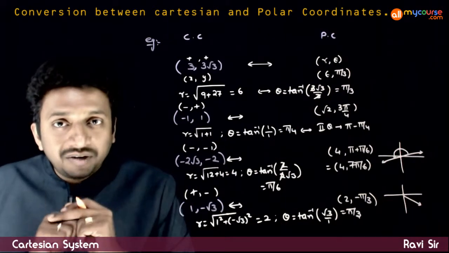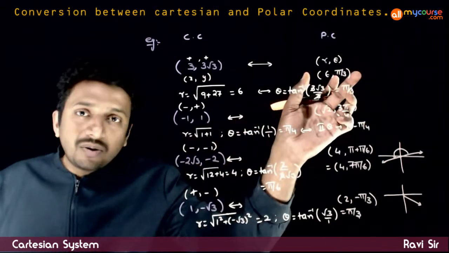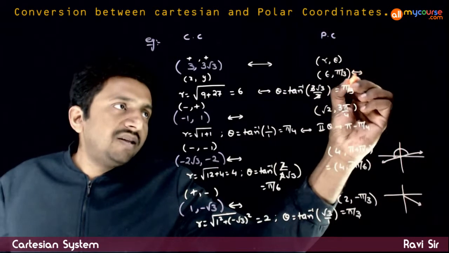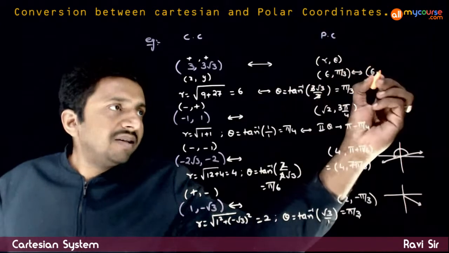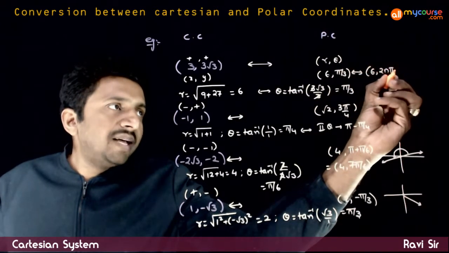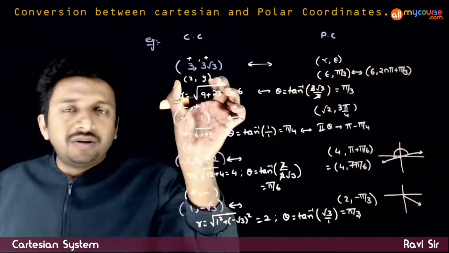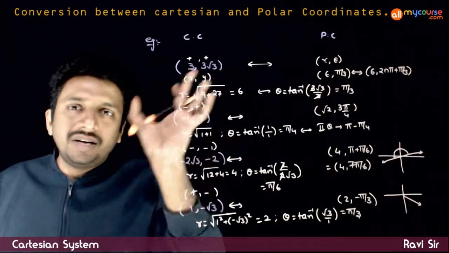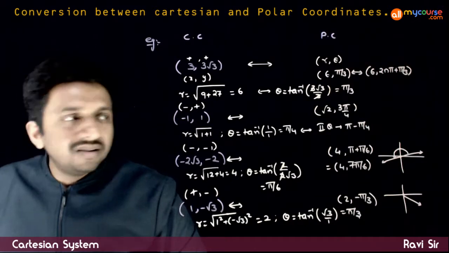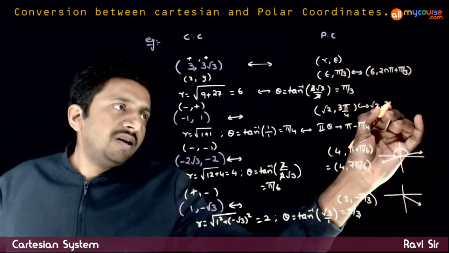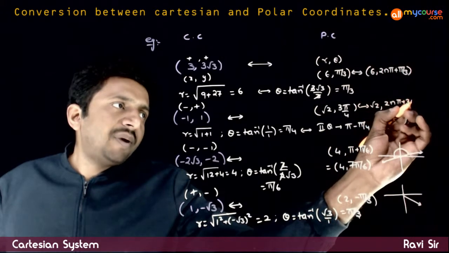The important thing that you need to understand is the polar coordinates are not unique. So 6, pi by 3 can be written as 6, any number of 2 pi's plus pi by 3. All these points correspond to the same Cartesian coordinate 3, 3 root 3. Similarly, root 2, 2n pi plus 3 pi by 4.